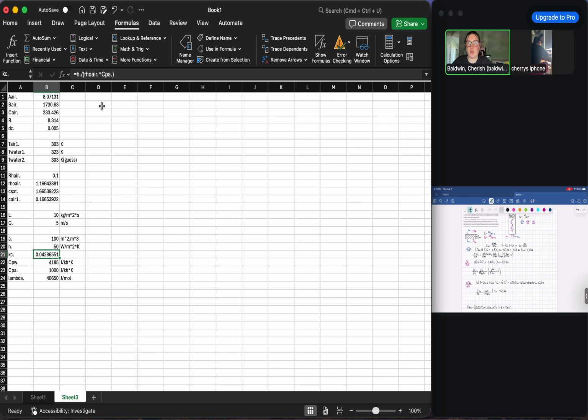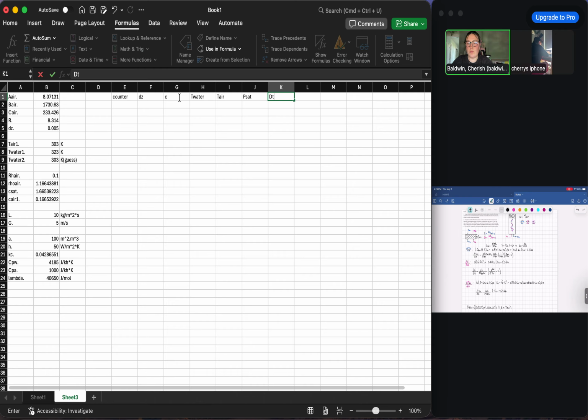Perfect. Alright, now we can go into our setup calculations. So this is going to be our counter, our DZ, and then we're going to do our concentration, our temperature of water, our temperature of air, our pressure saturated, and then our equations.